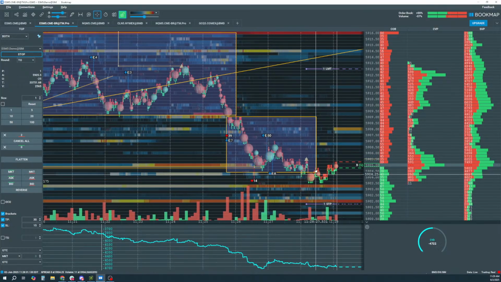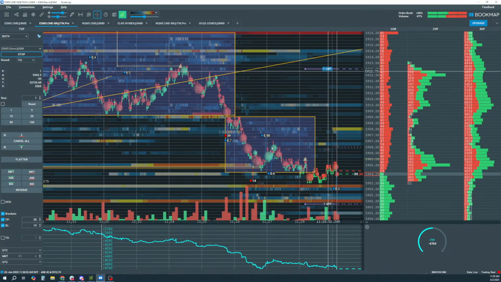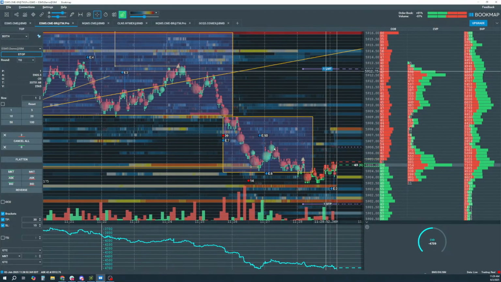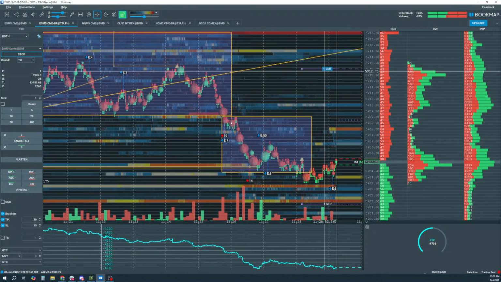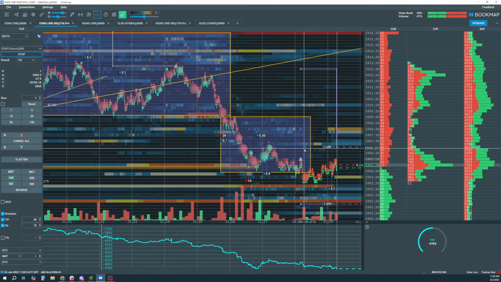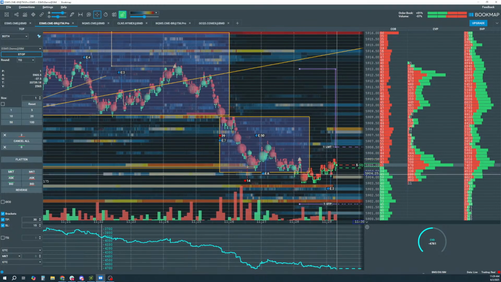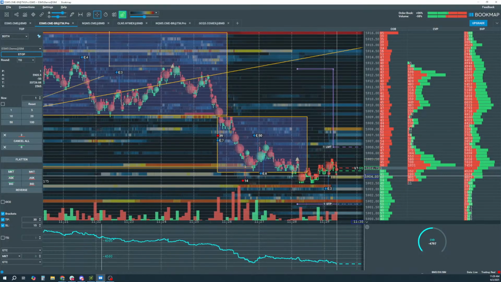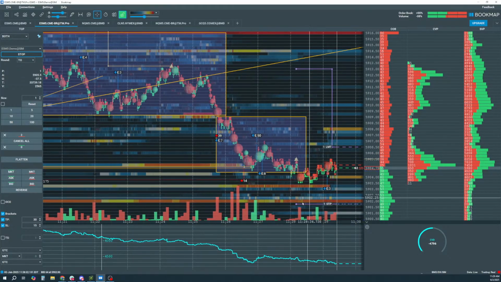And then we're looking for buyers now to take this back up and retest either up to here or here, this swing here, or up to this swing here where we broke from. I'm just going to take it up here, and it's only like a point or so. If we get it, we might not get it.